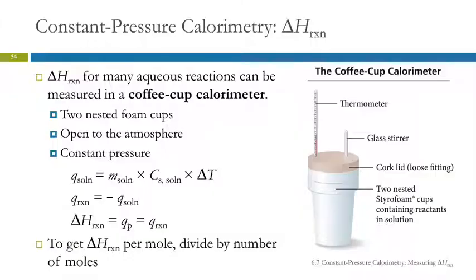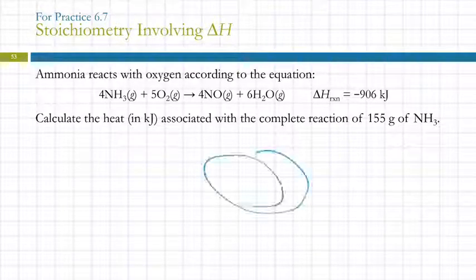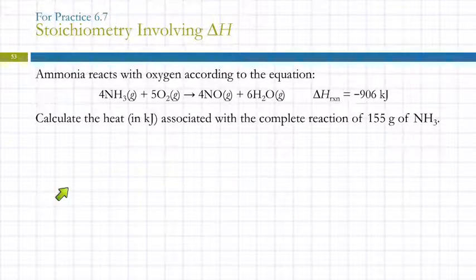If we look, let's see if I can find one. If we look at this reaction, maybe if I write something, now will it let my pointer move? No. Look up there. That delta H, minus 906.